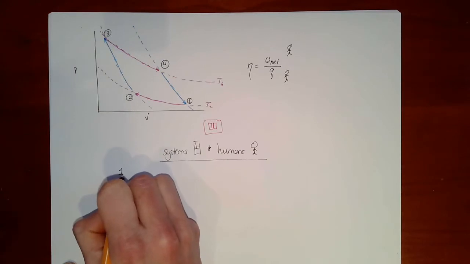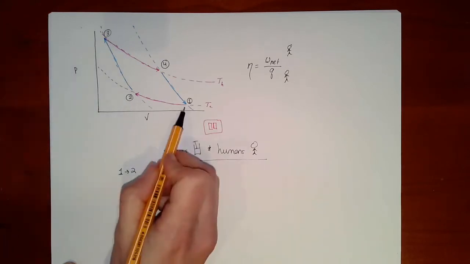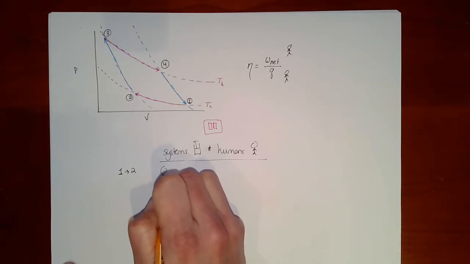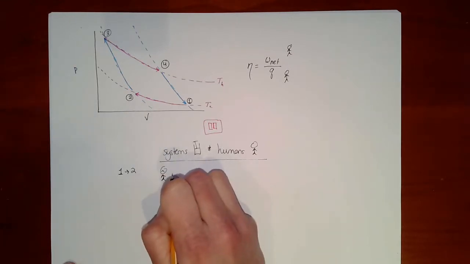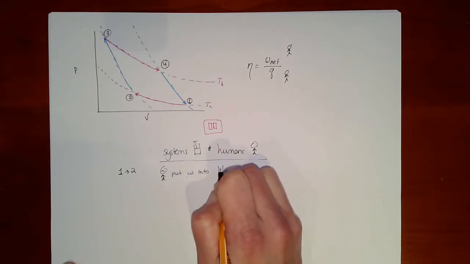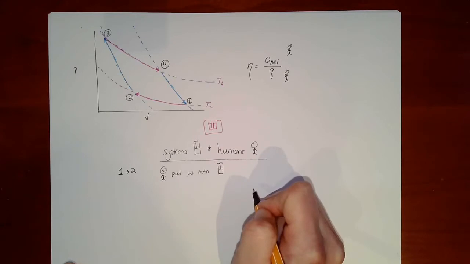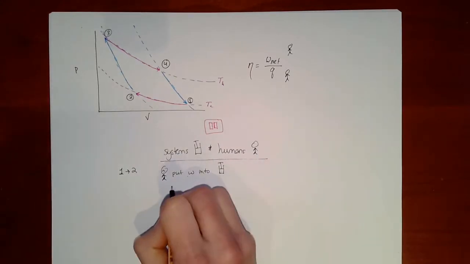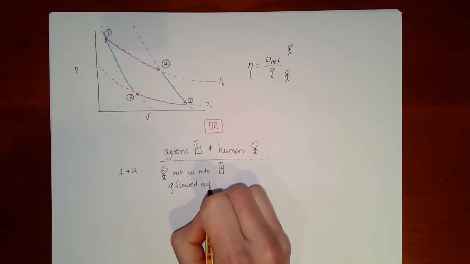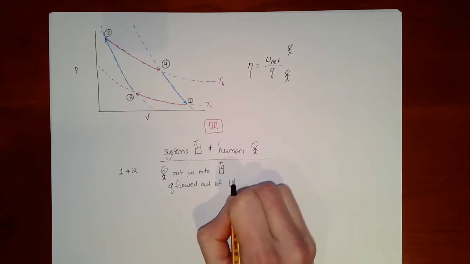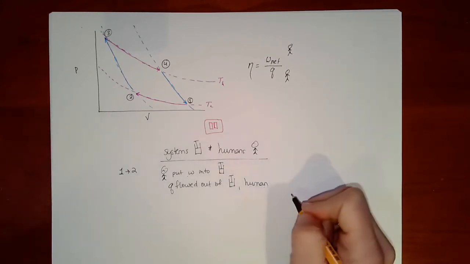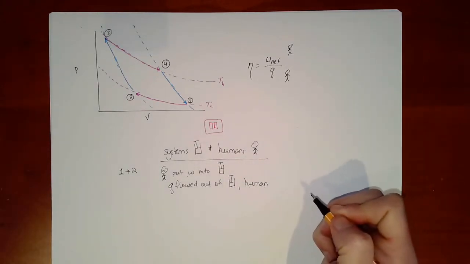So for step 1 to 2, which is the isothermal compression, the human had to put work into the system to do the compression. In this case, heat flowed out of the system, but the human doesn't really care, because in most engines they're going to dump that heat to the environment.